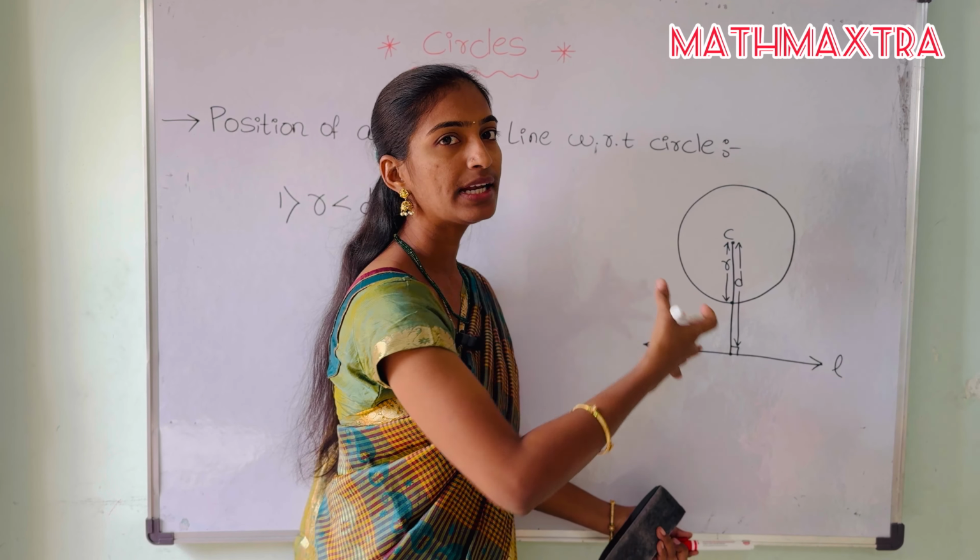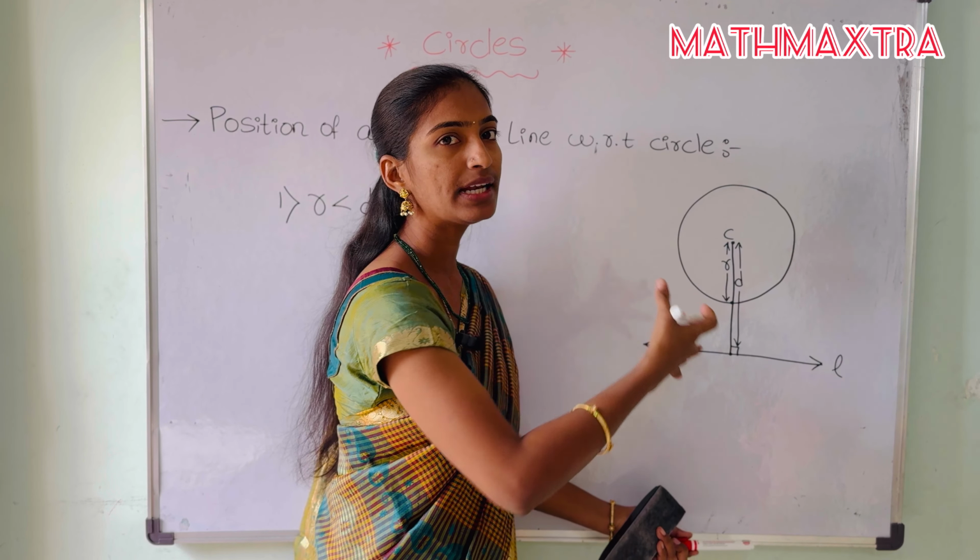Means this line neither touches the circle nor intersects the circle. Yes, this is the first case. So when the radius is less than the distance between the center and the line L, then we can directly say that the line is completely away from the circle. Okay, this is the first case.